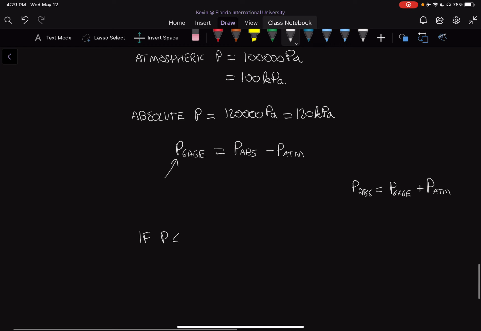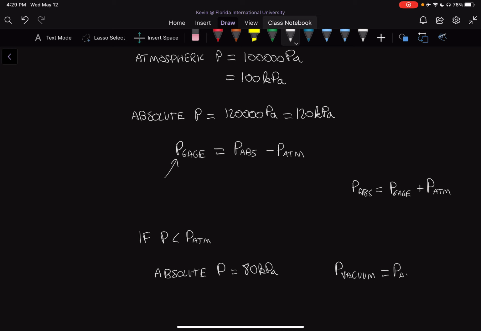And conversely, if P is less than P atmospheric, we use a different term, but it's exactly the same thing. Let's say the absolute pressure is equal to 80 kilopascals. Then now we have a pressure that's less than atmospheric. What we call this type of pressure is P vacuum. Okay, so this is called the pressure of a vacuum.